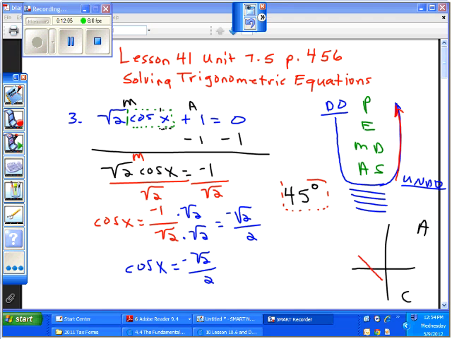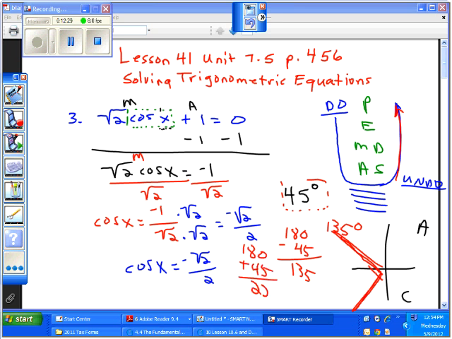So the reference angle for 45 here, excuse me, is 45 before 180. If I did 180 minus 45, I would get 135. And then it would be 45 after 180, so it would be 180 plus 45, which is 225.